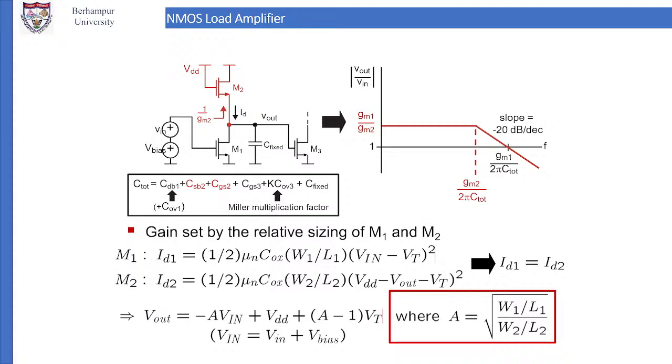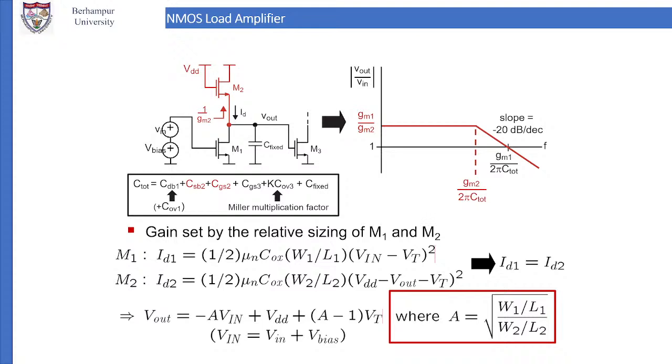Now the gain is set by the relative sizing of M1 and M2. For M1, ID1 is equal to 1 by 2 mu n COX W1 by L1 times V in minus VT whole square. Similarly, for M2, the current ID2 is 1 by 2 mu n COX W2 by L2 times VDD minus V out minus VT square.